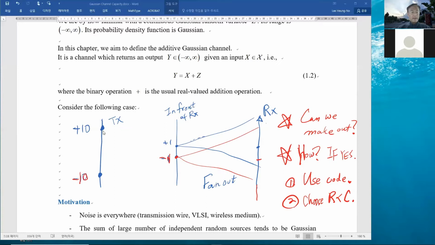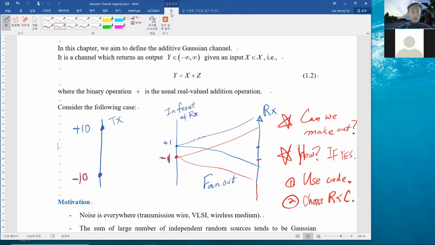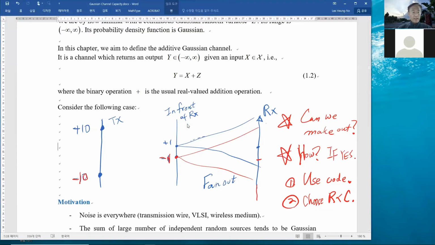and we send each one of these symbols over a particular channel. The space between the input and output, let's say here this space, this is the propagation medium. Okay, so transmission line or wireless medium, such things.